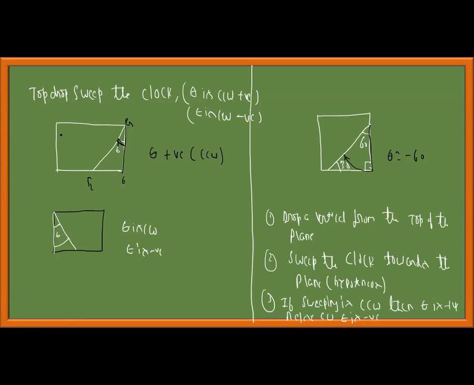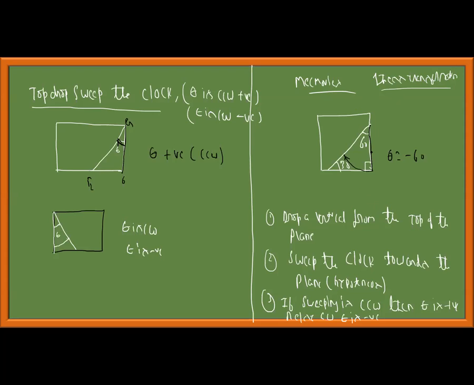It is known as top drop sweep the clock. You can visit Mech movies, where you will understand the sign convention. Just search Mech movies and go to stress transformation, and then you follow and check the sign convention yourself. You'll come to know. Top drop sweep the clock. This is the sign convention.